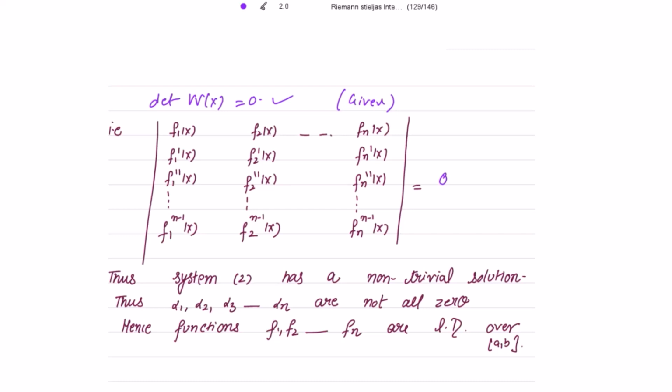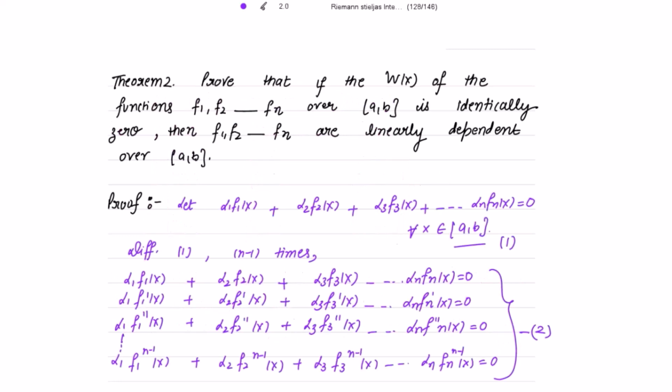I have written the definition of the Wronskian to be equal to 0, but this is also the determinant of the coefficient matrix of this system of homogeneous equations.